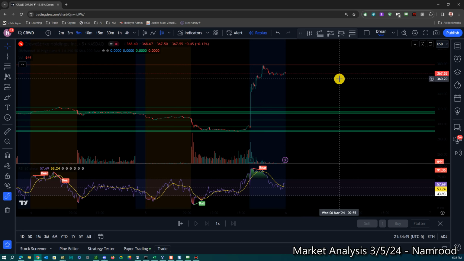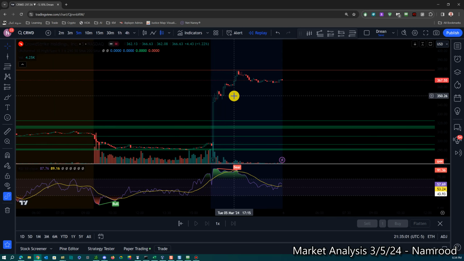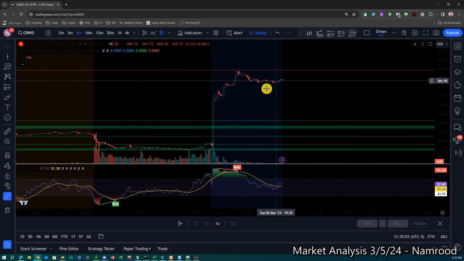Okay, here is an idea for you. Tomorrow morning, the retail and institutions want to get a piece of the cake. So a very good lotto to play tomorrow morning is to buy CRWD calls.